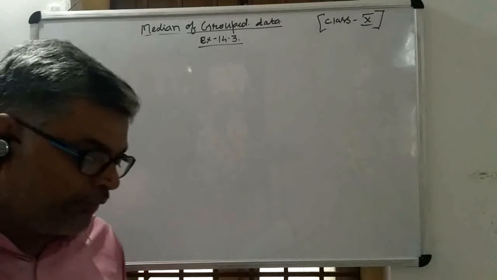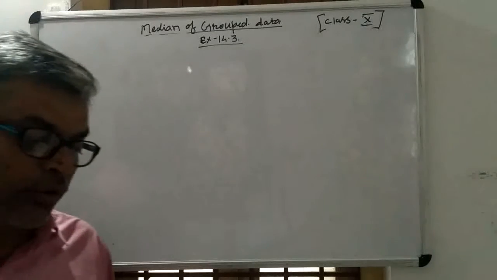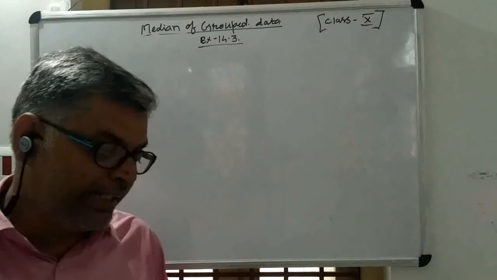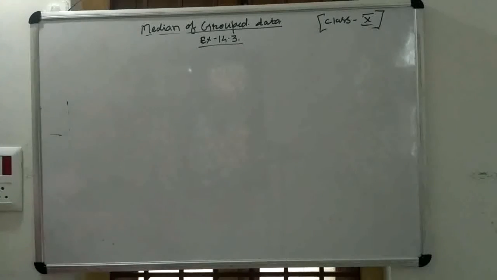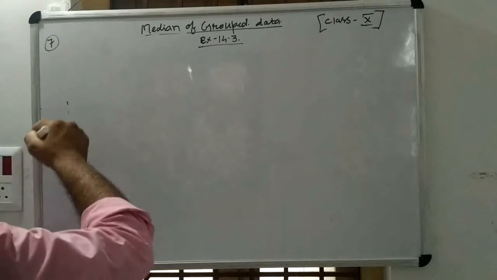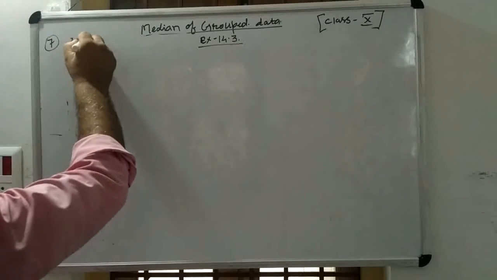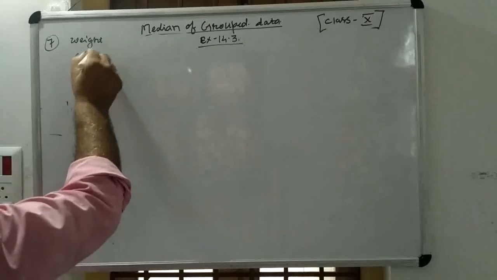The distribution below gives the weight of 30 students of a class. Find the median weight of the students. Weight is given in kg, which is our class interval.